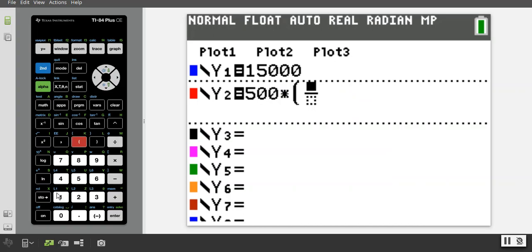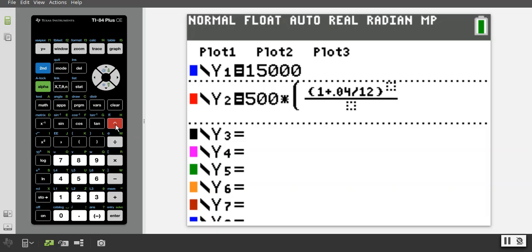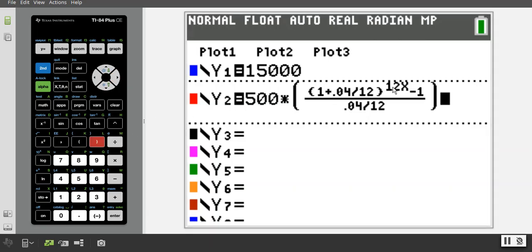And then we'll put 1 plus 0.04 divided by 12, and all of this is raised to the 12x, minus 1. And then down over here, we have the interest, so 0.04 divided by 12. And then we're just going to close it. Now, mind you, we're looking for x.